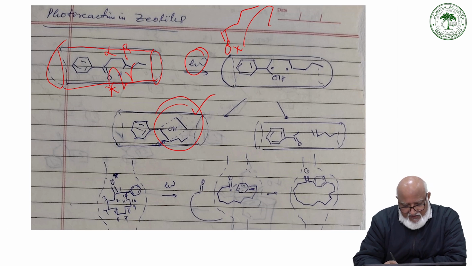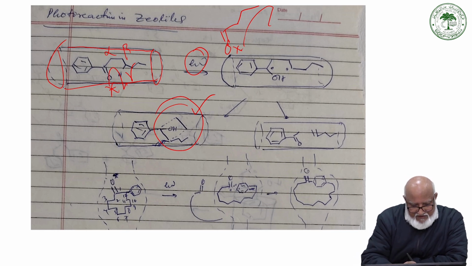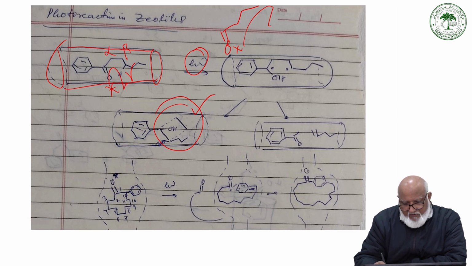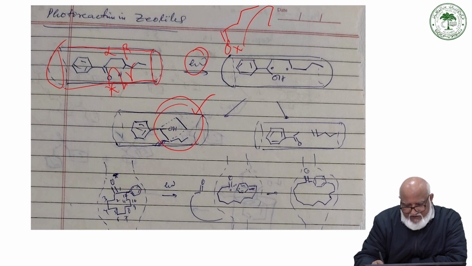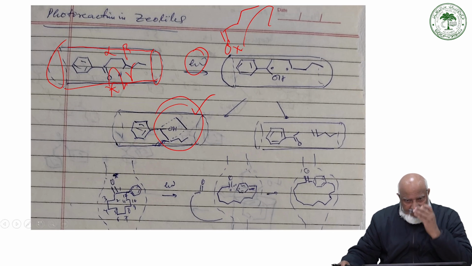Then the radicals can once again combine to give another product, which we can see here. So the open cyclic system inside the cavity can give another product, and you can see here the molecule is now connected at the para position.